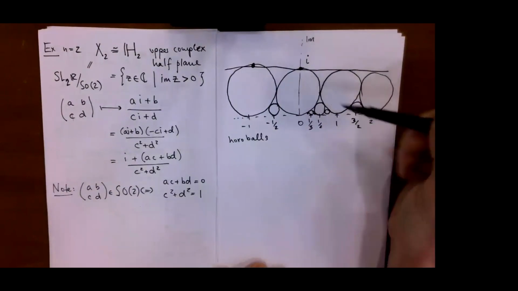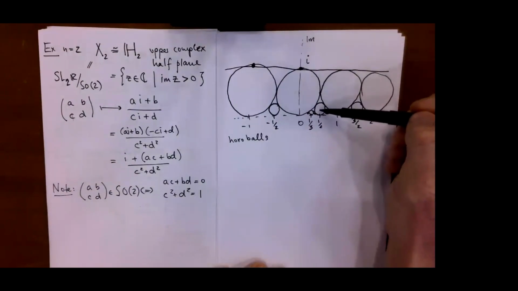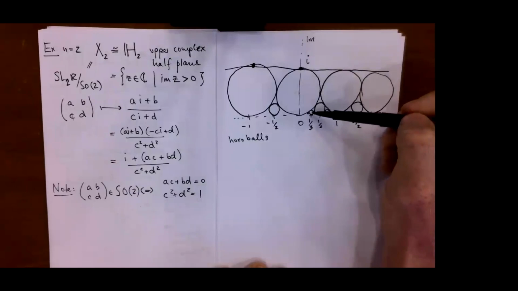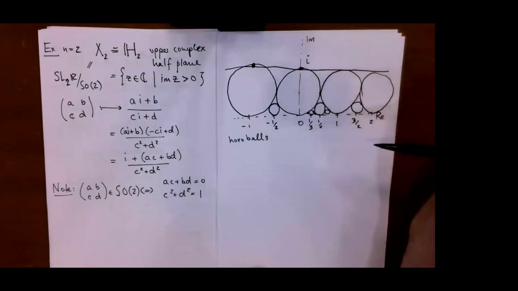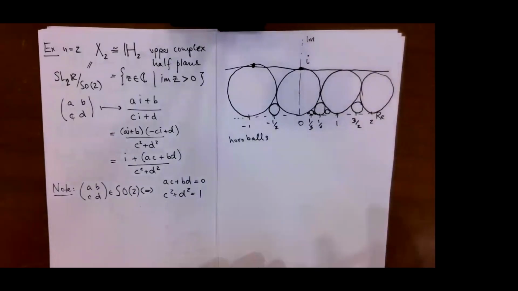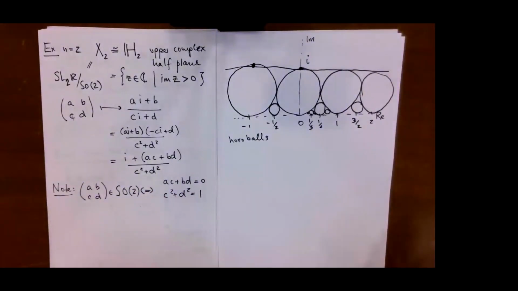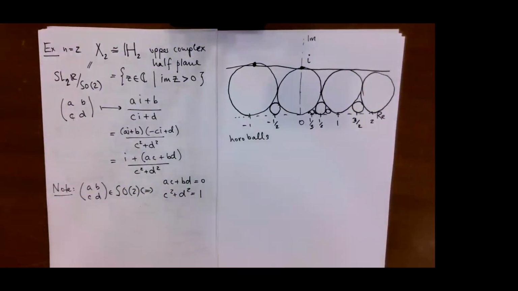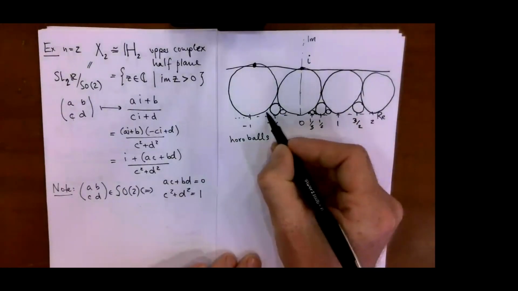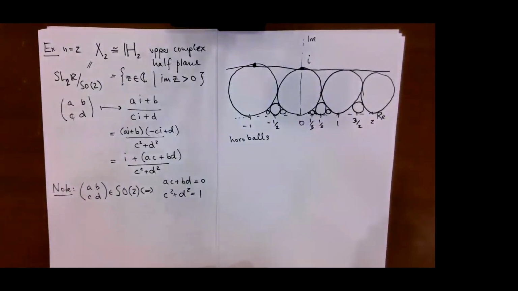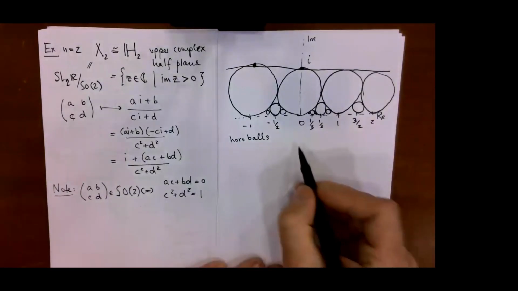One of the exercises is to show that this diameter now is 1/4 and this diameter is 1/9, and there's actually a general formula in that vein, as a Euclidean metric here, not the hyperbolic metric. Anyway, these are the horoballs. And why do I introduce these?